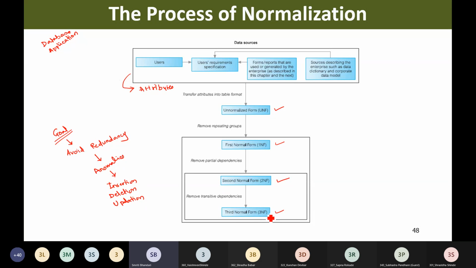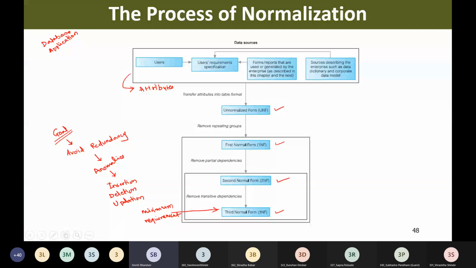Ultimately, whenever we design our database, at least our database should conform to this 3NF, right?